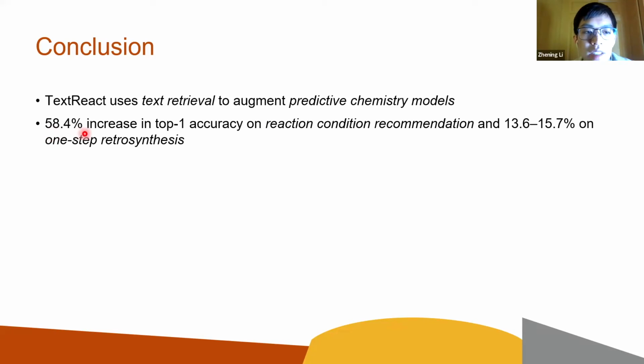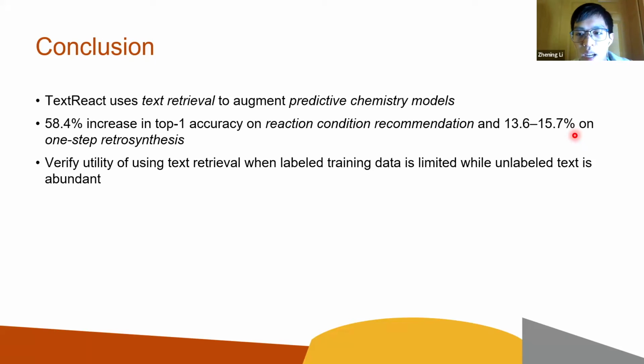And we see a huge performance increase due to text retrieval for reaction condition recommendation, and a decent performance increase as well on one-step retrosynthesis. And our results verify the utility of using text retrieval and text augmentation as an approach when we have limited labeled training data while we have an abundance of unlabeled text.